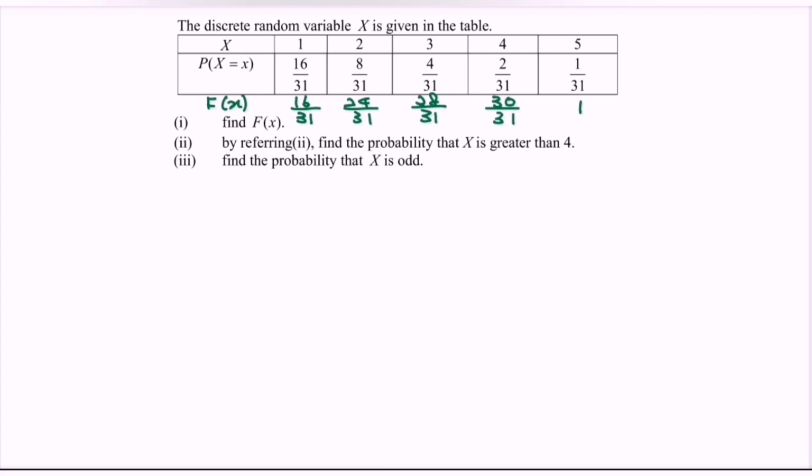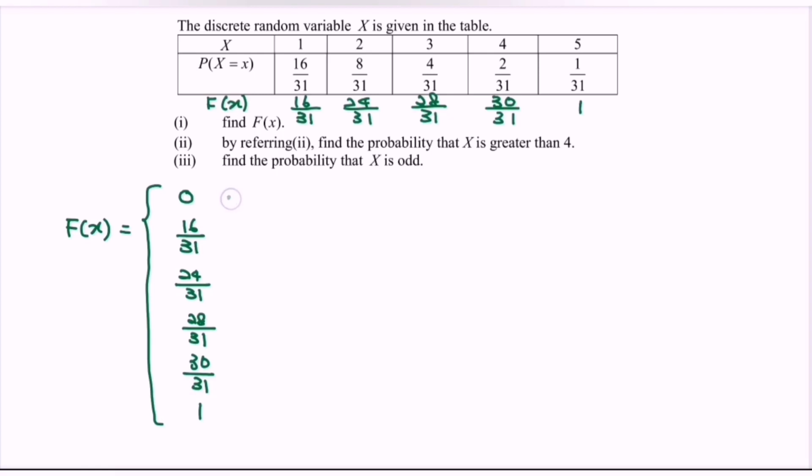So the question mentions that we have to find the F(x). So we have the function F(x) beginning with 0, followed by 16 over 31, then 24 over 31, then 28 over 31, then 30 over 31, and finally 1. Regarding the ranges, this one will be x is less than 1.